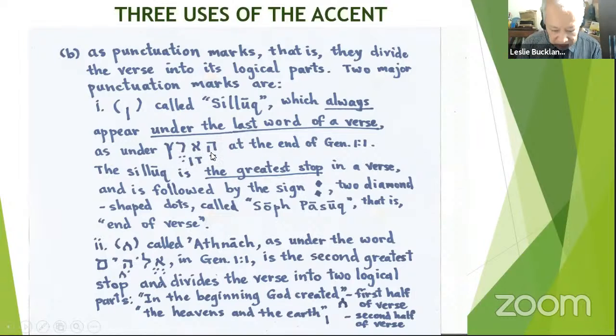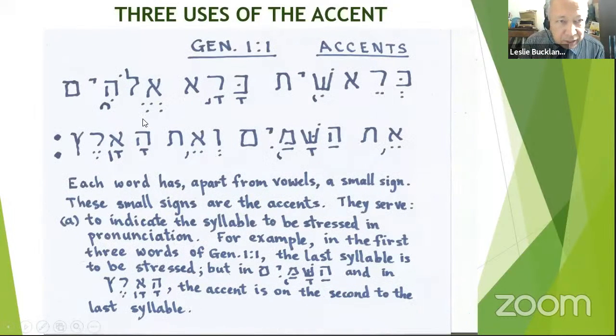Now, if you reach the logical end of one part of a verse, you would put this other accent mark, indicating that you're coming to the end of one part of the verse and you're about to begin another part of the verse.